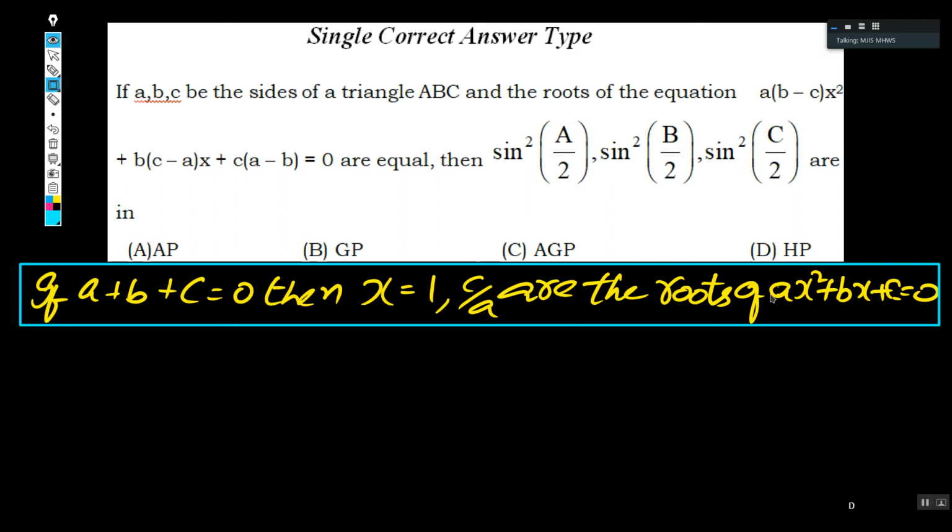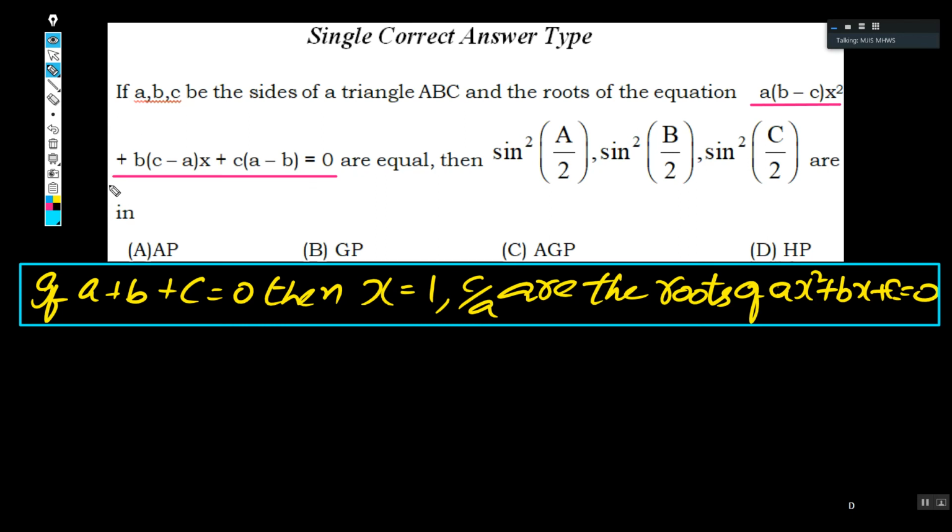In this question, if you observe carefully, it is straight away the sum of the coefficients of the quadratic is 0, and hence we make use of this.